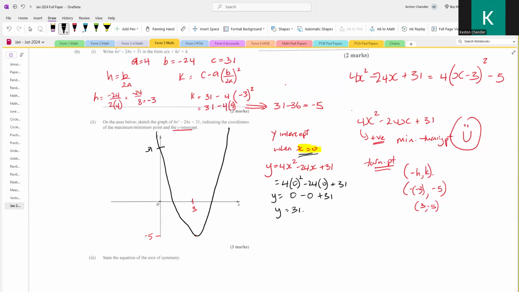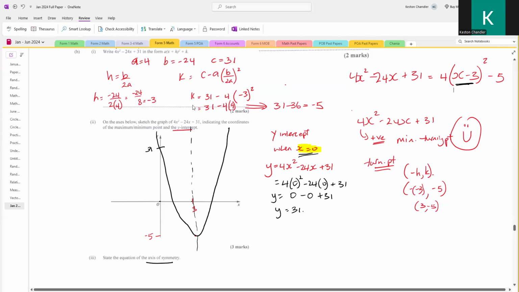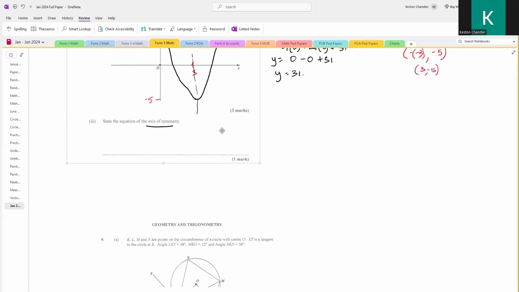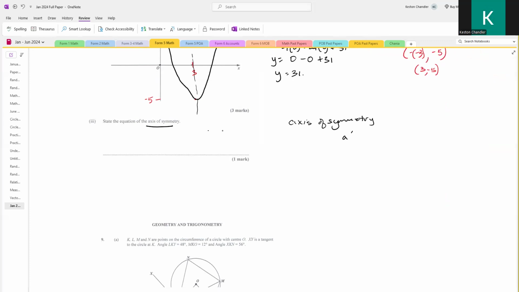The equation of the axis of symmetry is a line that could be drawn coming down here that is going to divide the curve into 2 equal parts. We will usually get the equation of the axis of symmetry from this part here where we have x plus h. Anytime we tell you find the axis of symmetry, take this x plus h and put it equal to 0, and x is equal to negative h.